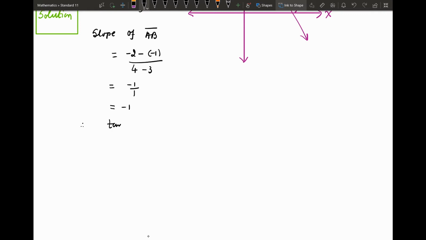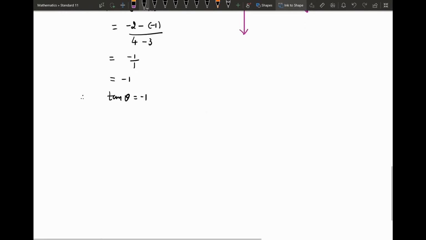So tan theta equals -1. Since tan is negative, theta lies in the second quadrant, so the angle with the positive direction of the x-axis will be an obtuse angle.